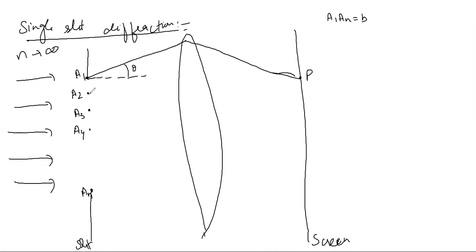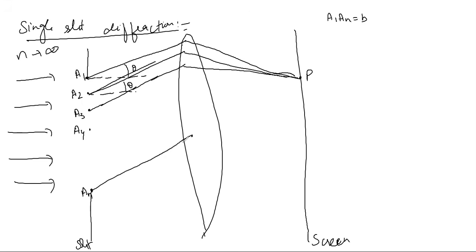If this is bending by theta, the wavelets that will be originating from A2, they will also bend by the same theta. A3 से भी जो आपके bend होंगे, वो भी आपके theta से ही bend होंगे. All the wavelets, they are going to bend by the same angle theta here.